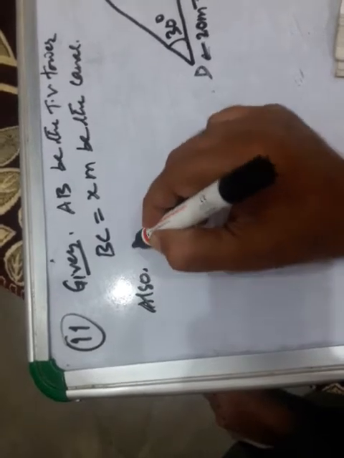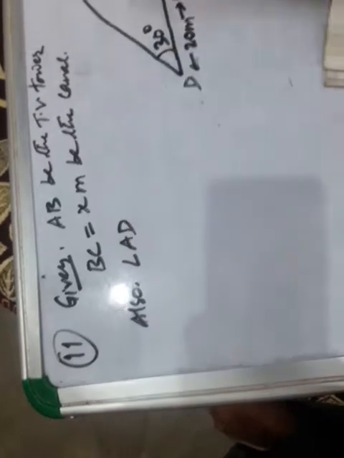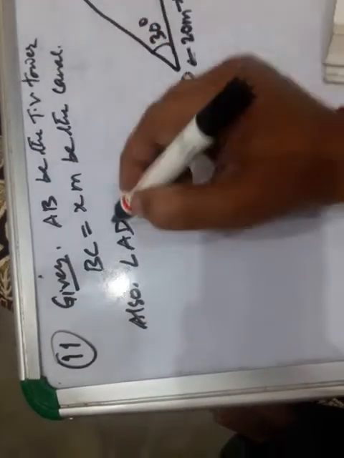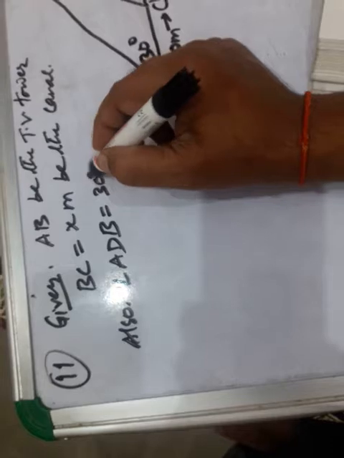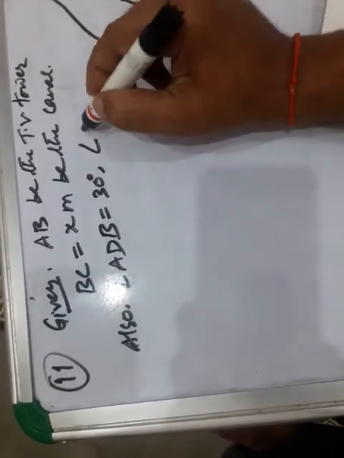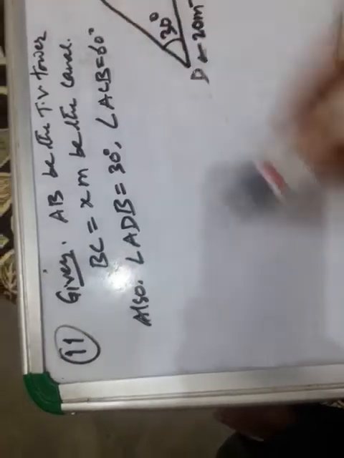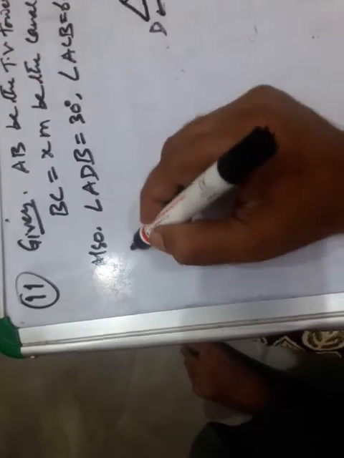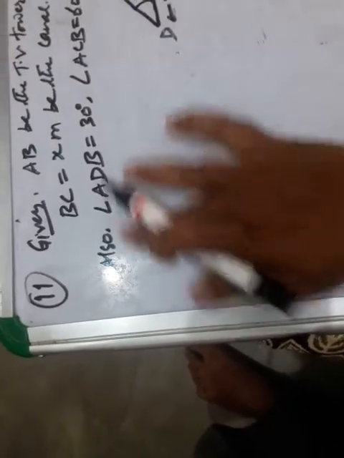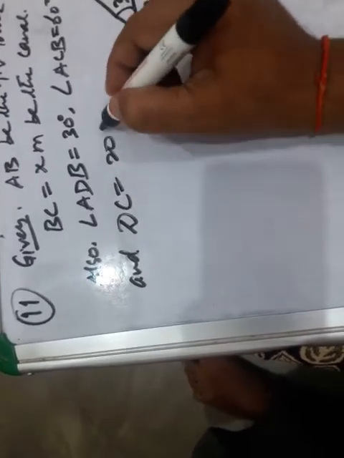Also angle ADB is 30 degree, since the tower is vertical angle ABD is 90 degree, and angle ACB equal to 60 degree. What else is given? DC equal to 20 meter.